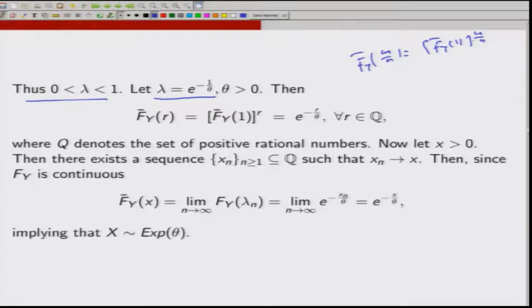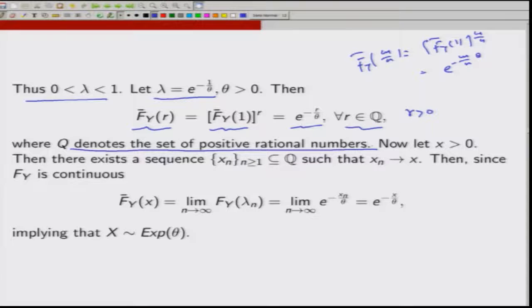So, f bar y 1 we have taken as lambda, which we have taken as e to power minus 1 by theta, so it becomes e to power minus m by n theta. But m by n is any rational number. So, that means f bar y r is same as f bar y 1 to power r, which is same as e to power minus r by theta for any positive rational number r. So, here Q denotes the set of all positive rational numbers.